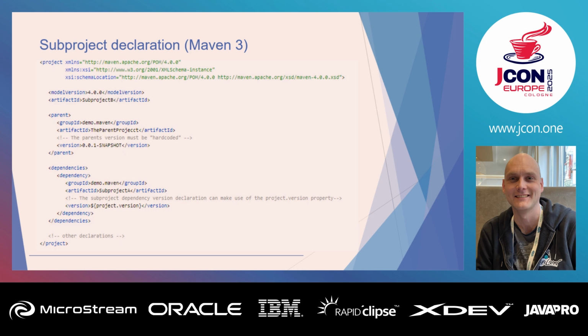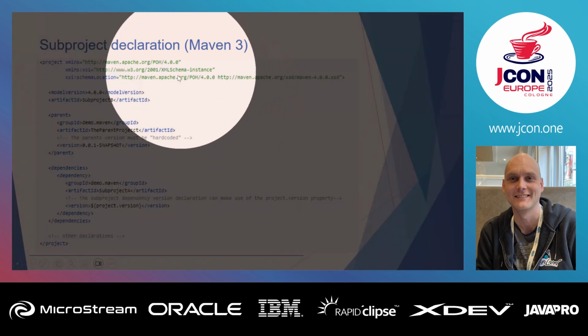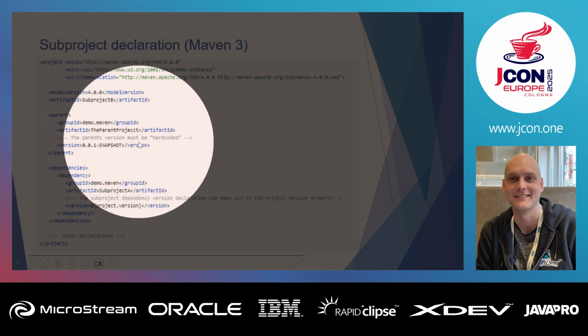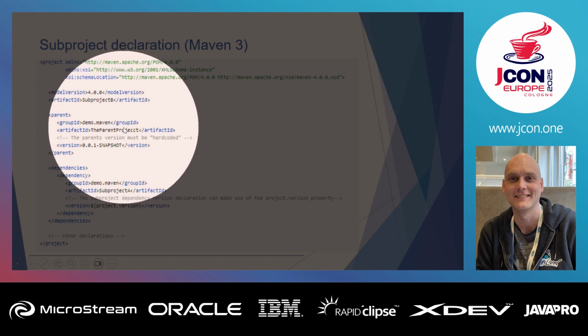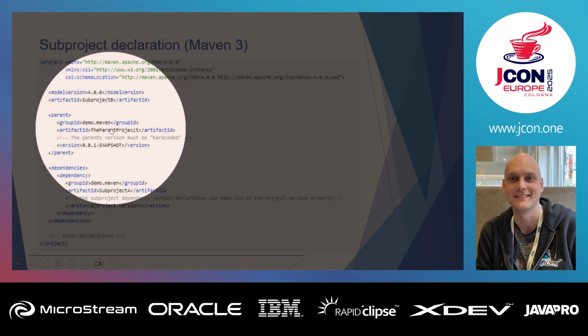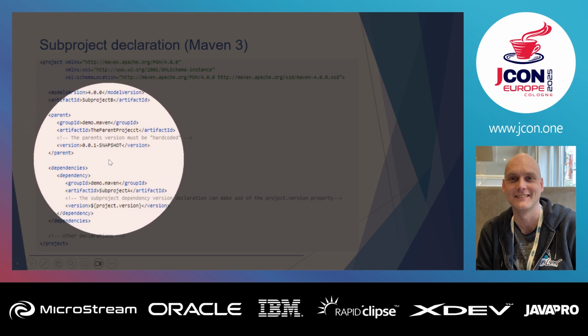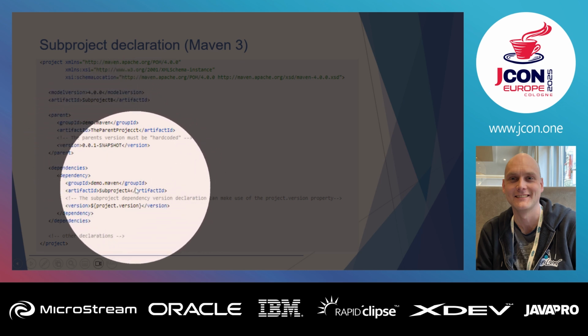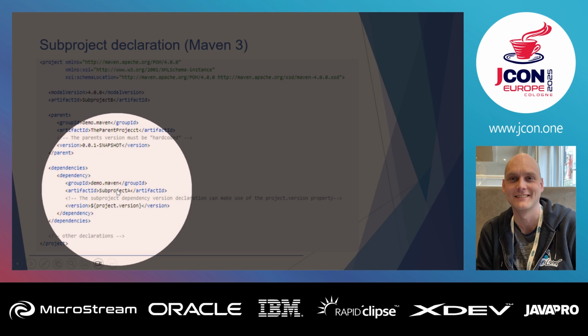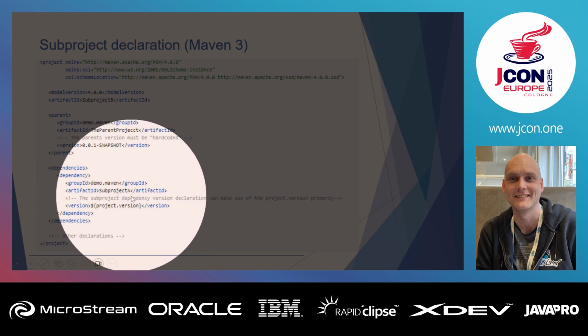I think this is a Maven POM we all know. We have here a parent declaration with the version, which must be hard-coded in the parent definition, and when you have a dependency to another project, we have to declare either the version hard-coded or use the project version.